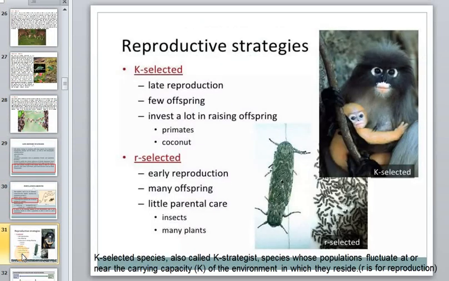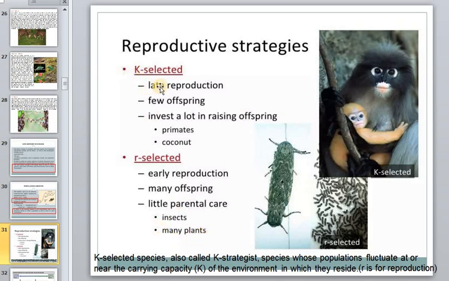And here the reproductive strategy: r-selected species, also called r-strategists, have populations that fluctuate well below the carrying capacity of the environment in which they live. This means early reproduction, many offspring, little parental care, like in insects and many plants.